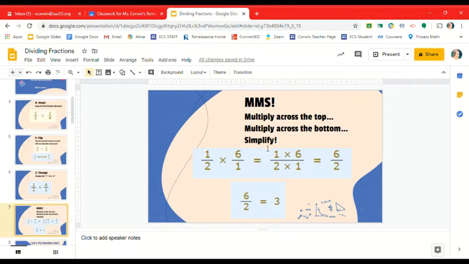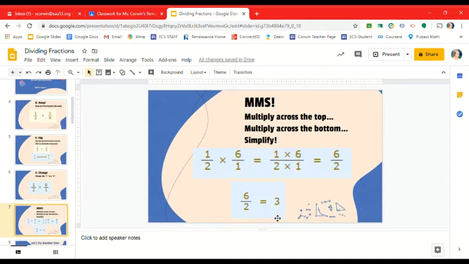And then simplify. So here we had 6 because 1 times 6 equals 6, over 2 because 2 times 1 equals 2. Then when we simplify that, when we turn this into a proper fraction, we have 6/2 equals 3.